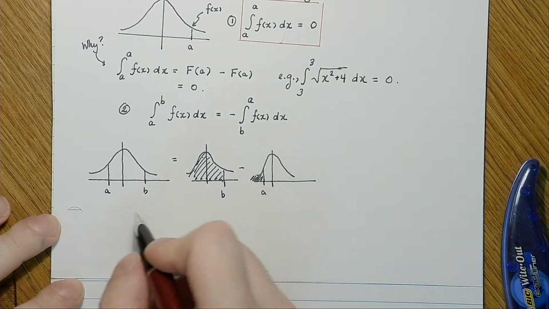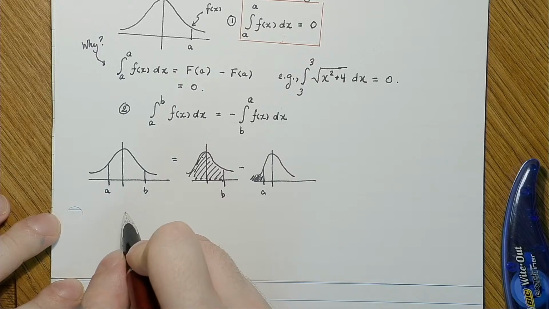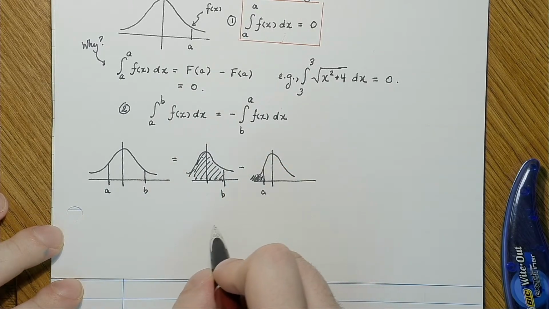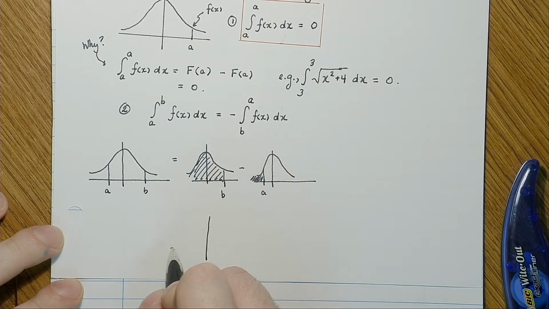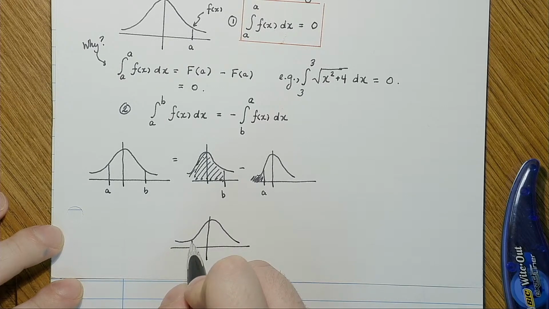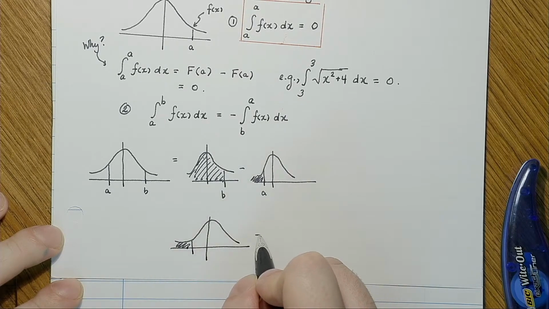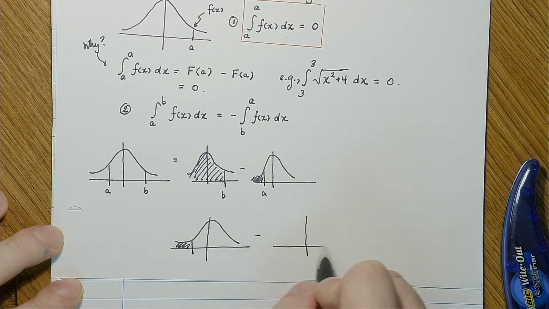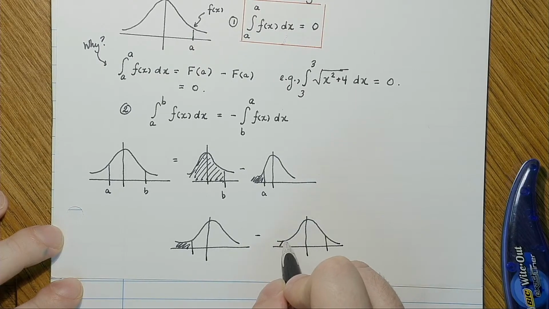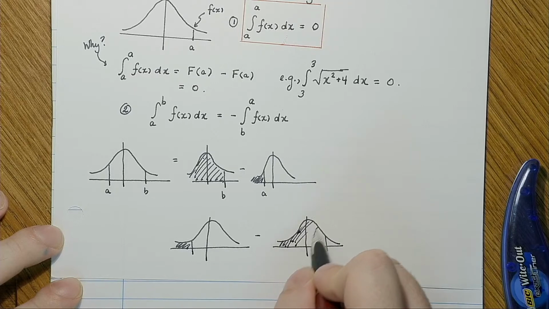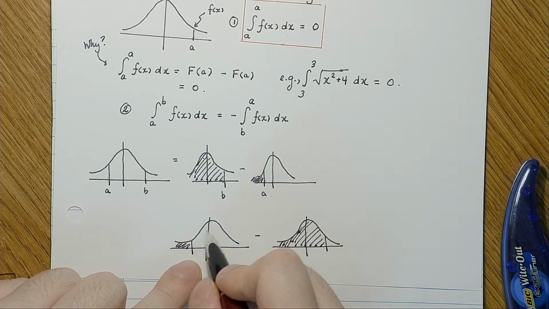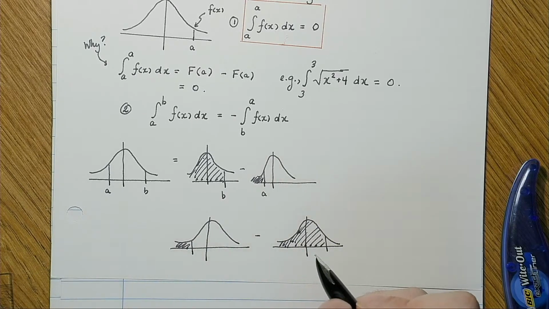But now instead, if I've changed it, I'm subtracting that area minus this. I end up getting this in the middle here, but it's the negative of it.